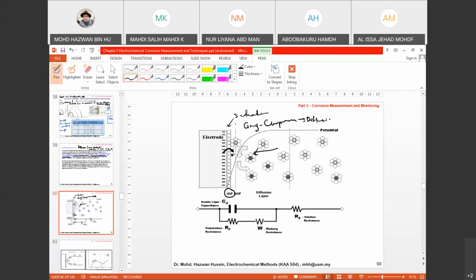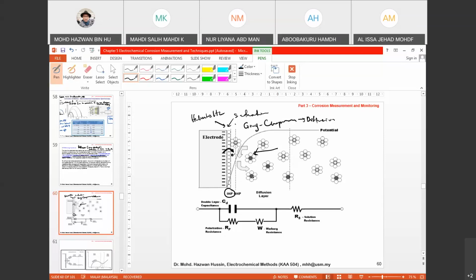If you still remember, the proposal from Gouy-Chapman is that the ions go near, it's infinite, it's not like aligned together as what was proposed by Helmholtz. Helmholtz actually accounts for this one. So Gouy-Chapman actually accounts for diffusion.